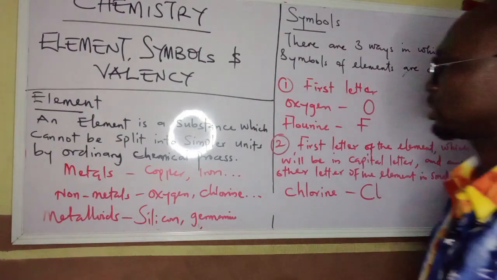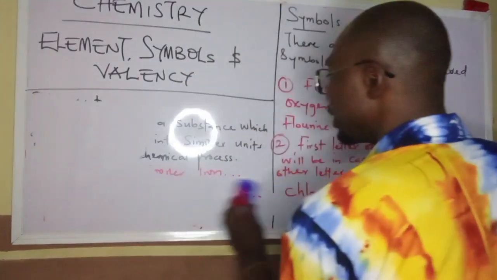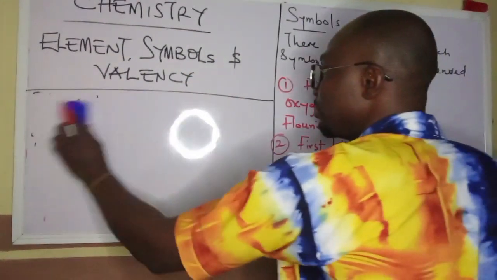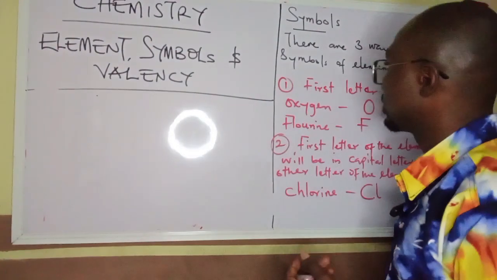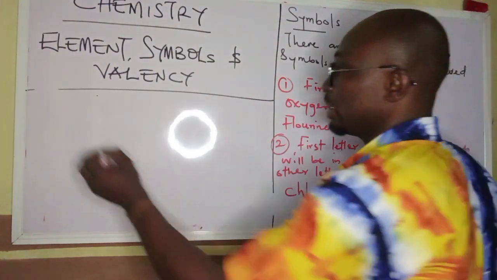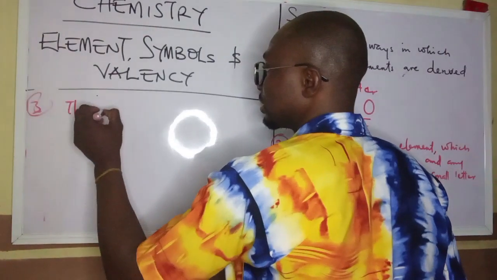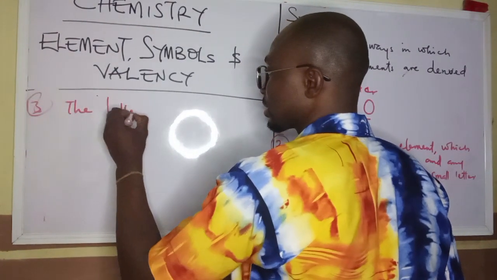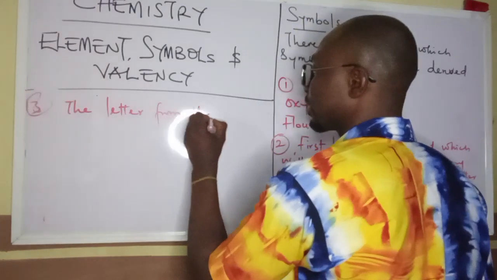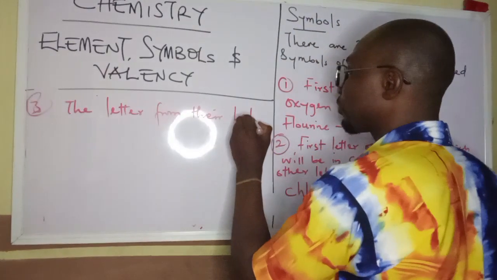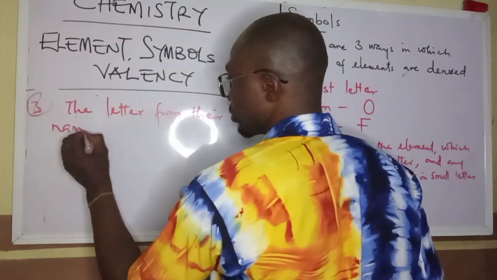Now, the third way, I said there are three ways. The third way in which the symbols of these elements can be derived is the letters from their Latin names.